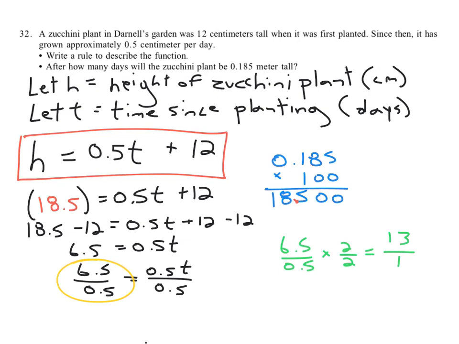So by doing my little mental trick there, I know that there are 13 groups of 0.5 in 6.5. So we get 13 equals the time in days since planting that the zucchini plant grew in order to be 0.185 meters tall. After how many days will the zucchini plant be 0.185 meters tall? After 13 days.